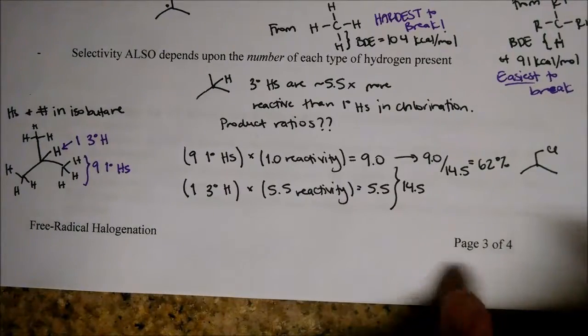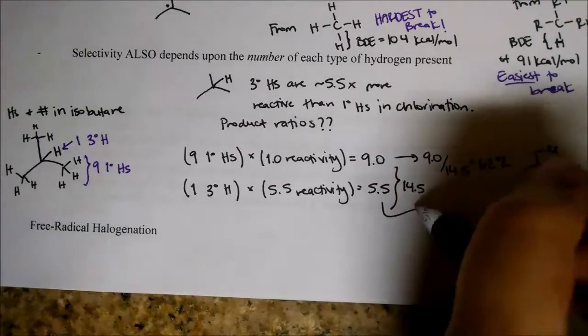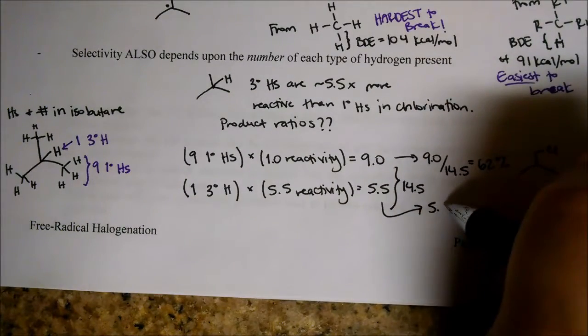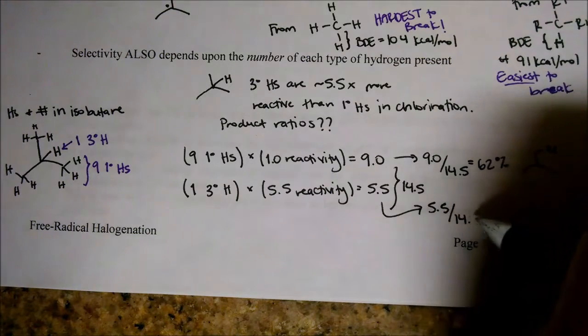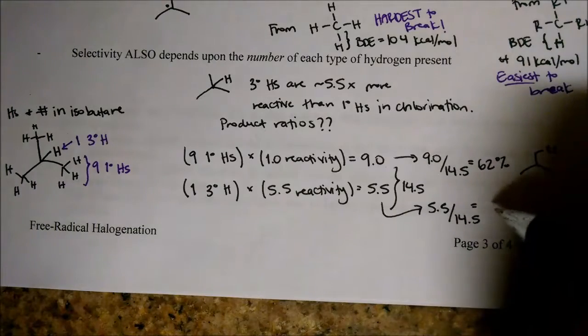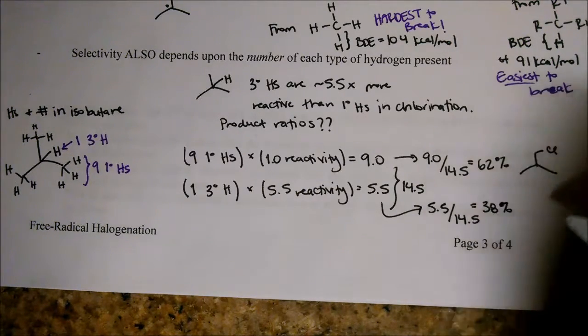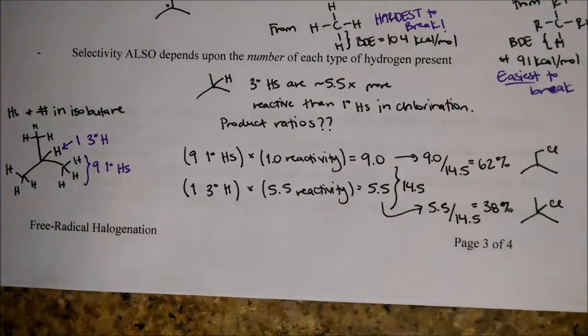And for 5.5, we get 5.5 divided by 14.5. And we only get here 38%. Okay, so 38% of your product will be this guy.